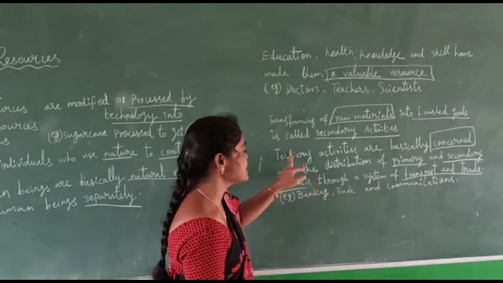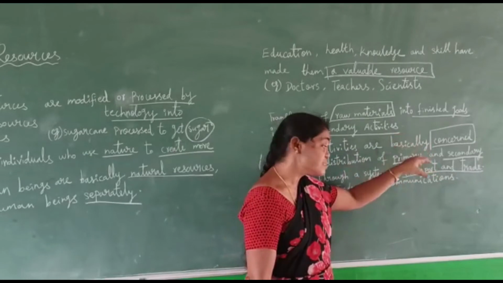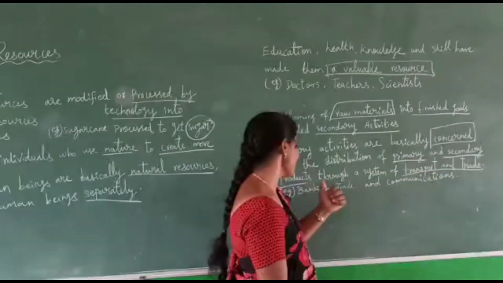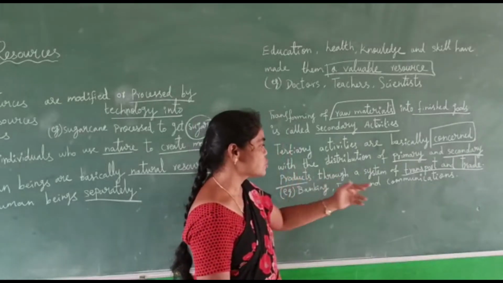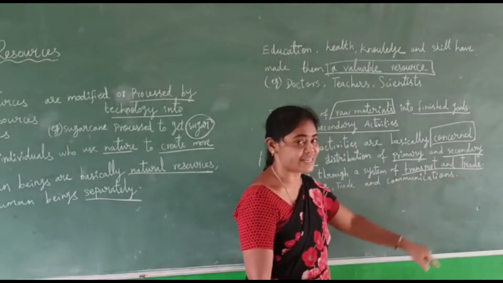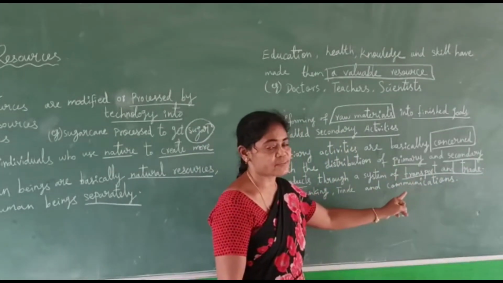So tertiary activities are concerned with what? The distribution of primary and secondary products, through the system of transport and trade. Example, banking, trade and communications.